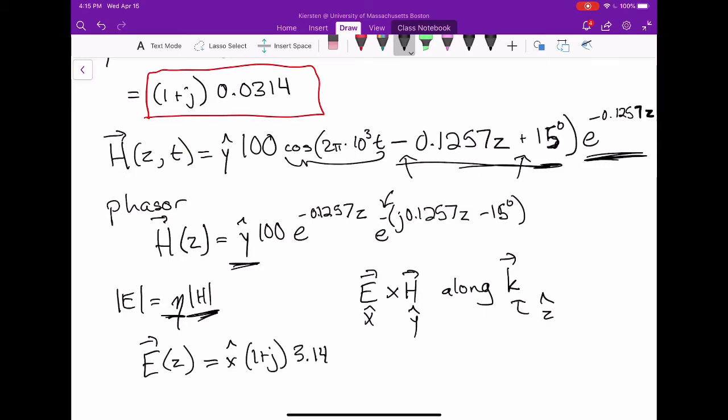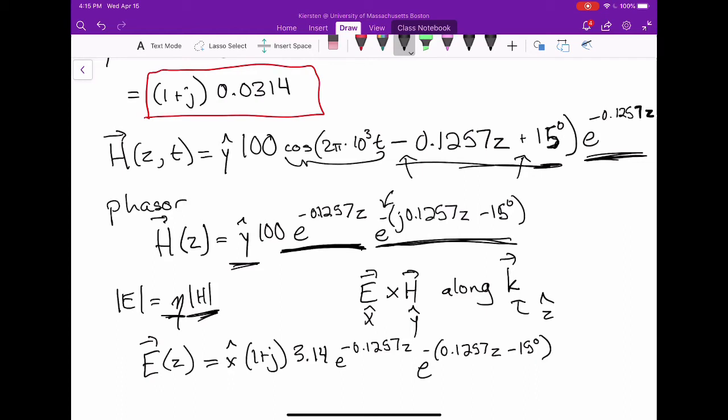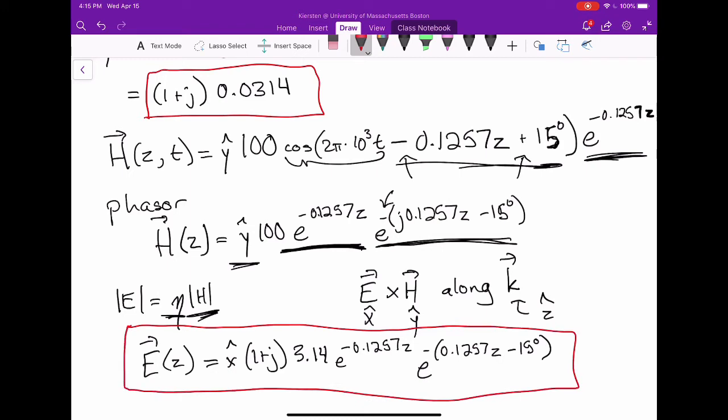We're going to have the same position-dependent attenuation term, so e to the minus 0.1257 z, and then we're going to have the same phase term, so e to the minus 0.1257 z minus 15 degrees. That is our phasor electric field and our phasor magnetic field. I'll draw squares around them so they stand out nice and you can see them.